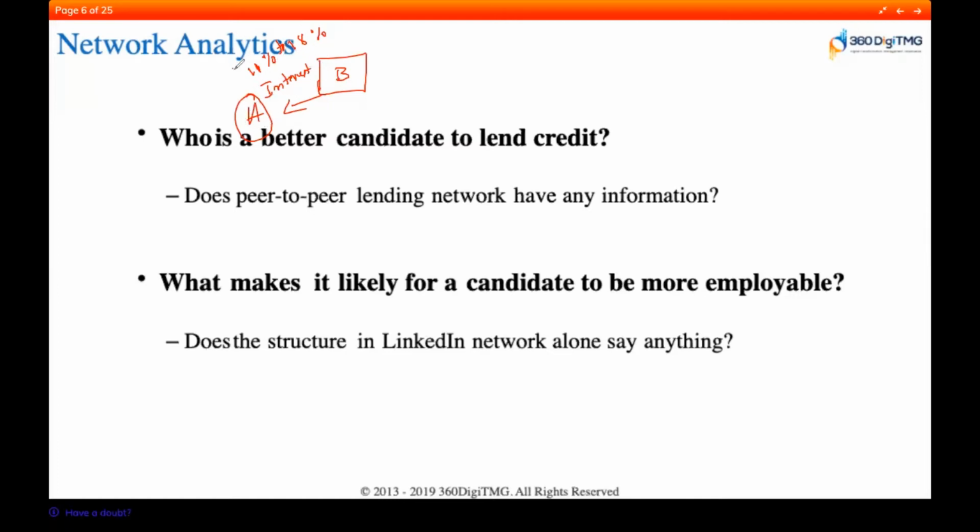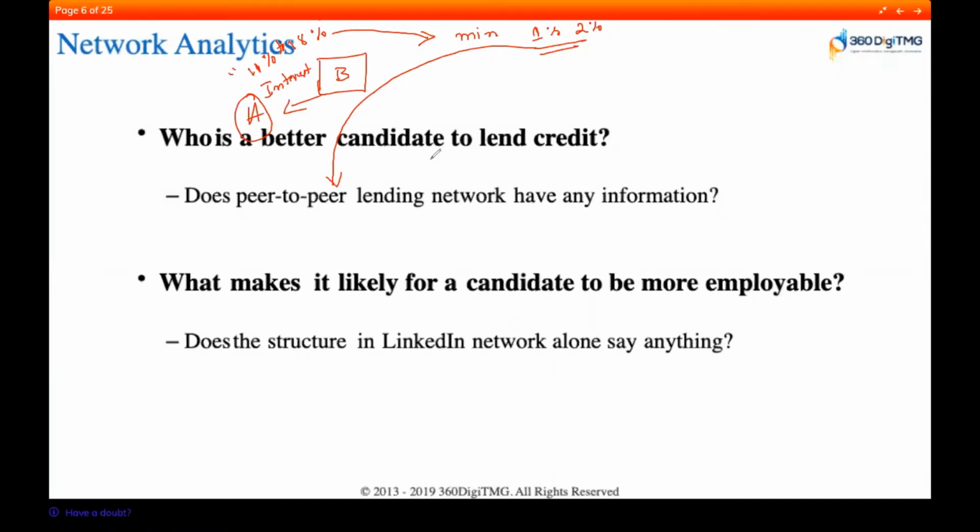So if this is the interest rate, can I come up with a system which has a minimum interest rate, could be 1% or 2%? Yes, that is achievable using a peer-to-peer lending network. In fact, this peer-to-peer lending network is widely used in the United States now.